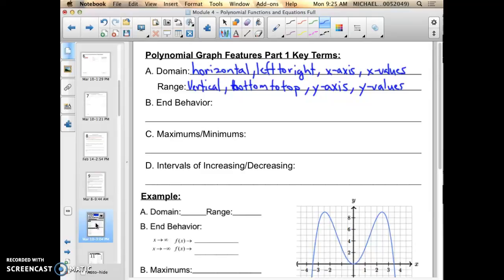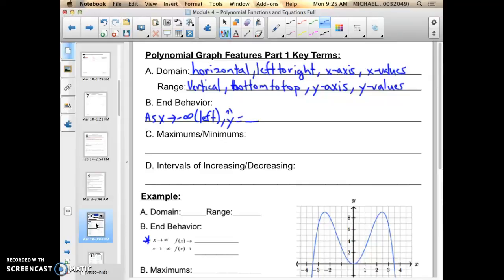And then end behavior. This is what that notation down here is saying in words. As x, or the input, approaches negative infinity, negative infinity means we're going to the left direction. What then is the output, y, doing?